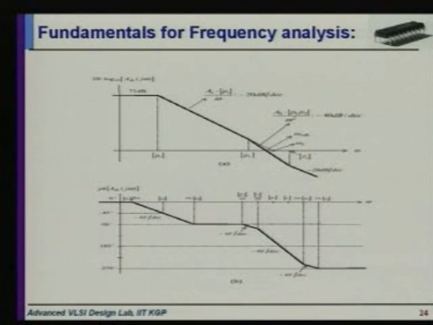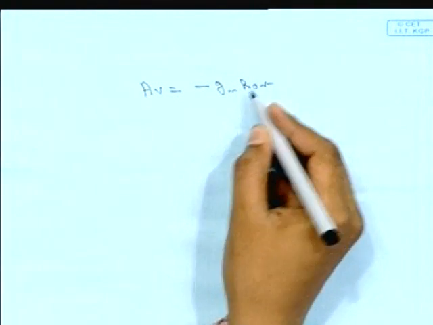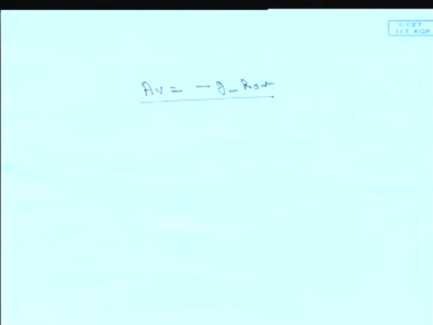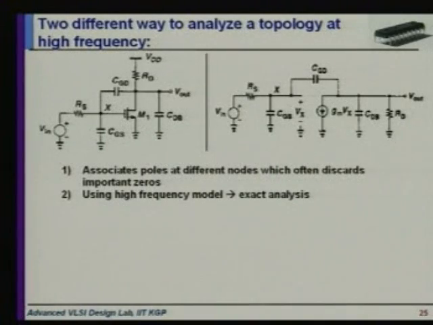Then the gain we calculated for the CS case, that is gm times the output resistance, we have to calculate with the different node capacitances. So I can directly go to these two different topologies or approaches to get this type of high frequency analysis.